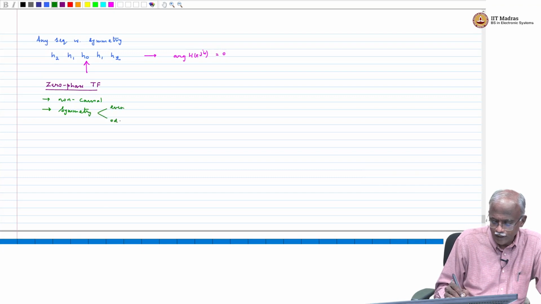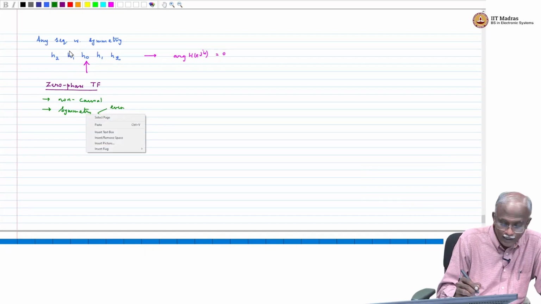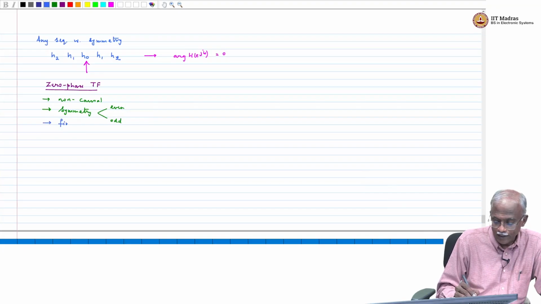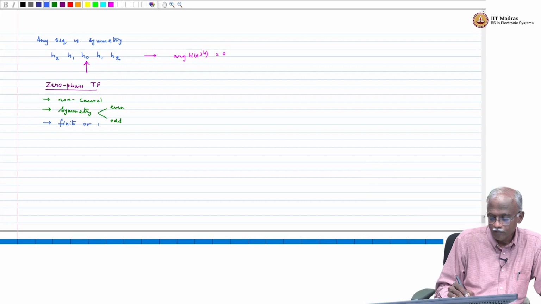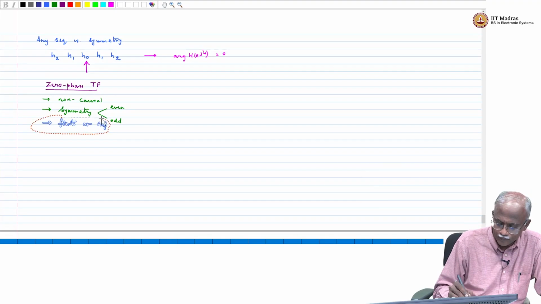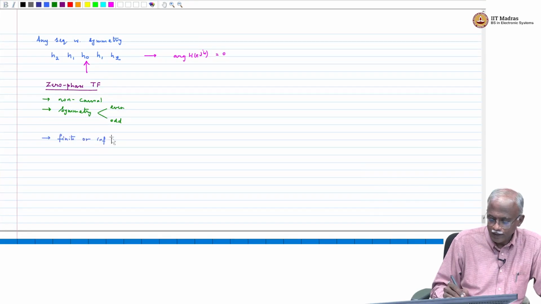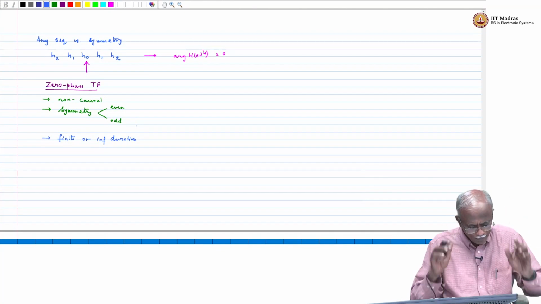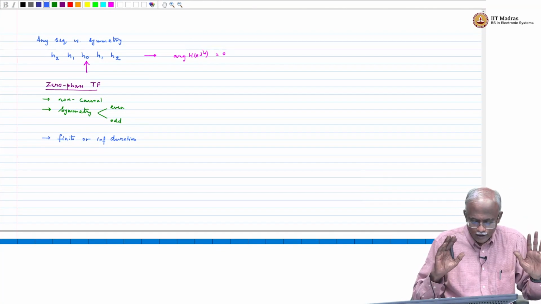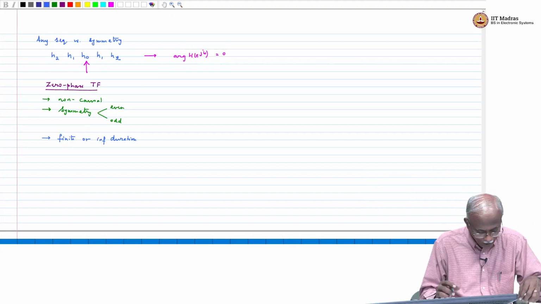Both of them will lead to zero phase. And they can be finite or infinite duration. Okay, these are important things for us to keep in mind, and therefore we are then able to work with this transfer function.